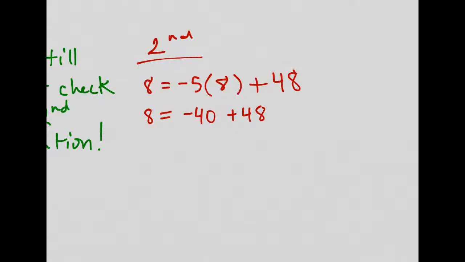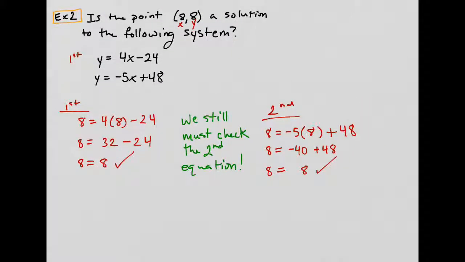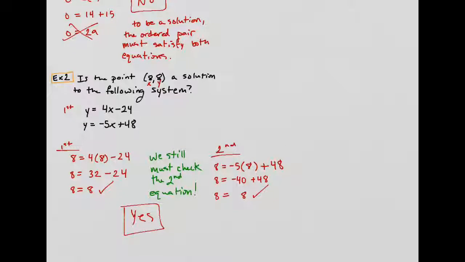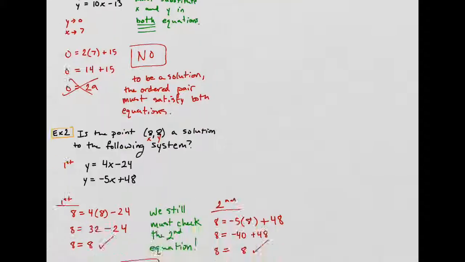This also works. This is positive 8. So that also works. So let's answer the question. Is the point (8, 8) a solution to the following system? Our answer is yes. And there we go. That wasn't so bad. A lot of writing though. But that wasn't so bad.